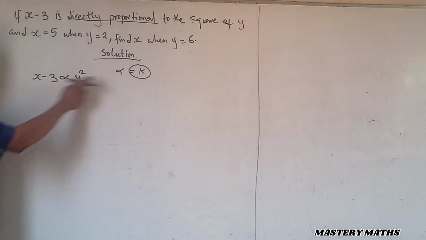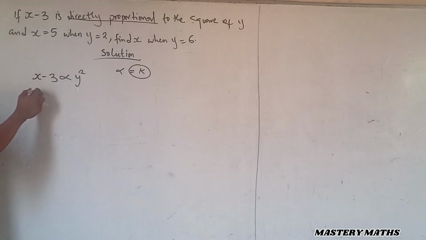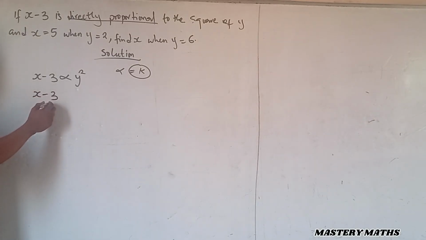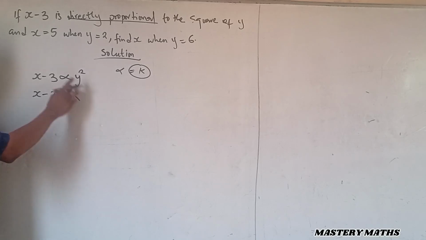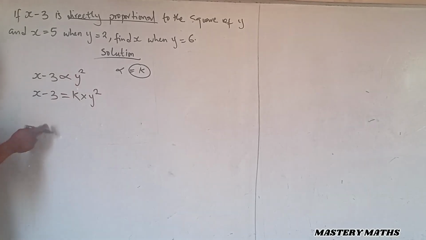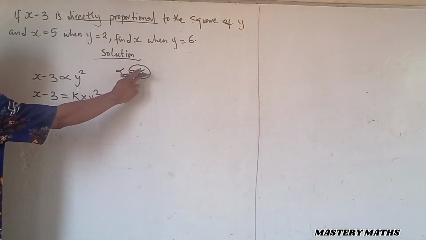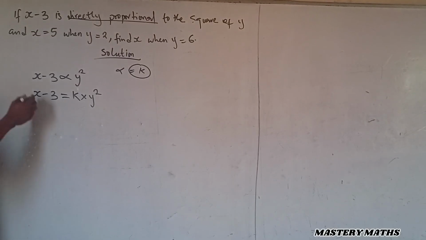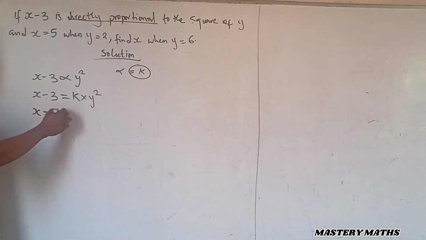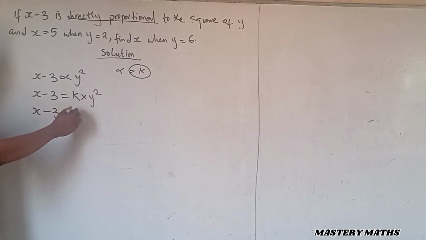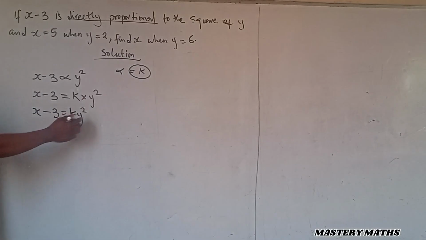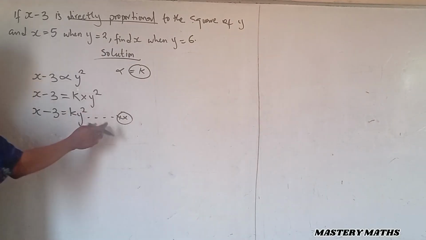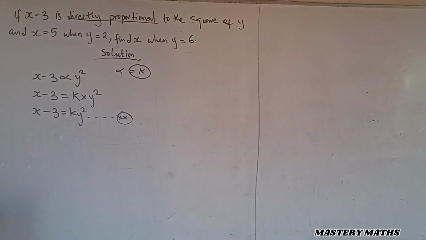So it will be x minus 3 equal to k times y squared, ky squared. Now this is our equation. This is our main formula. We use this to solve everything on the board.